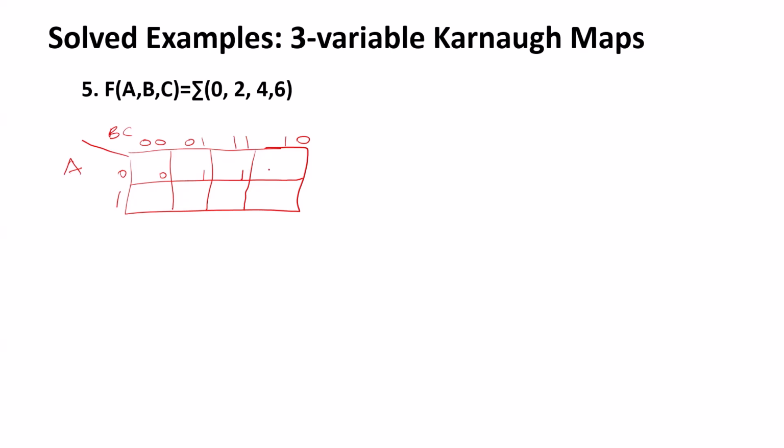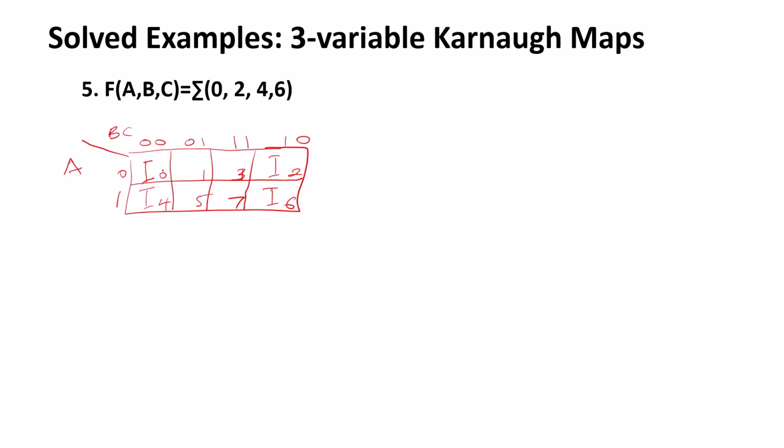This is 0, 1, this is 2, and this is 3, 4, 5, 6, and 7. So when we have 0, 2, 4, 6, then we put 1. So we have it here. So this is 1. This is 1 here. This is 1 here. And this is 1 here.